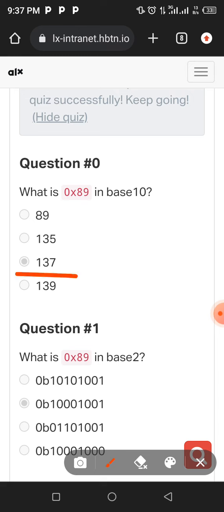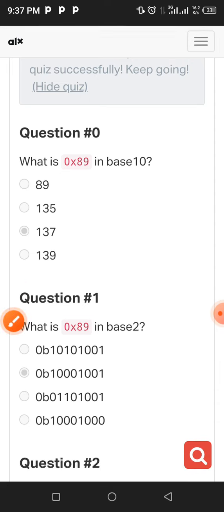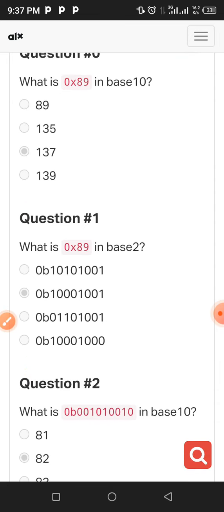So that is that. So the next one is, what is 0x89 in base 2? So we are done converting it to base 10. Now we want to convert hexadecimal to base 2. And I'm going to show you the simplest trick.